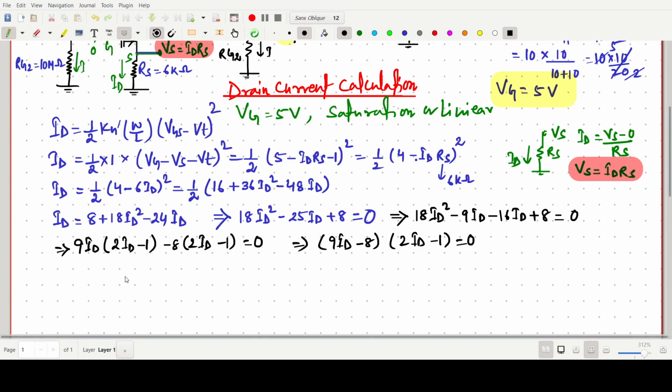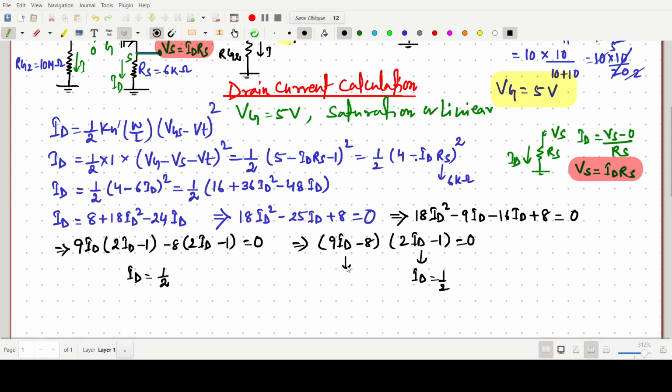So next, one ID value will be 1 by 2 from this one, and from this one the ID value will be 8 by 9 in milliampere.